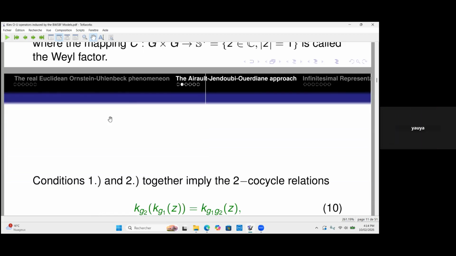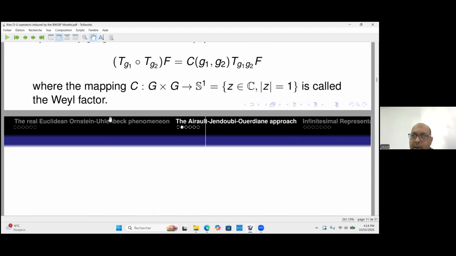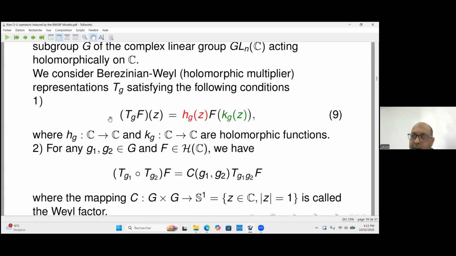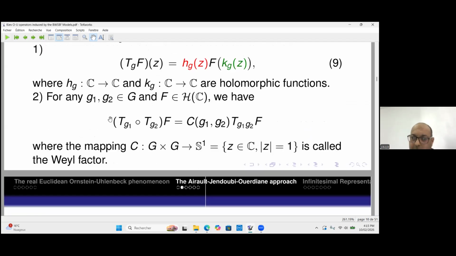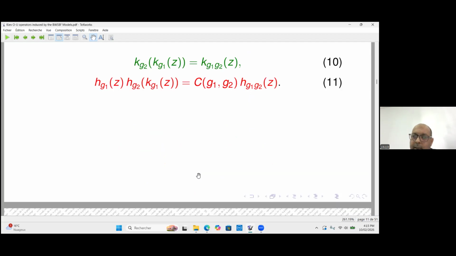So our aim, in order to obtain this condition 2, is that the composition and the multiplication factor for the representative operator shall satisfy the two-cocycle condition. That is, this equation in green comes from the definition of the action of the group on C, and the second one is related to the composition of T_g1 and T_g2.